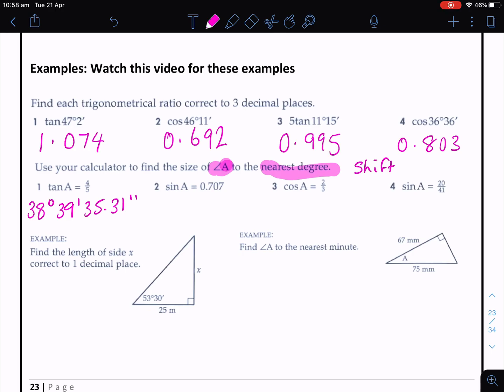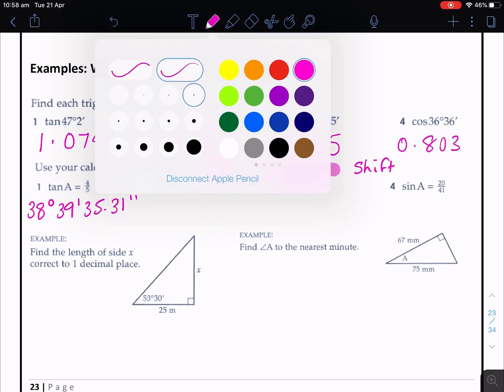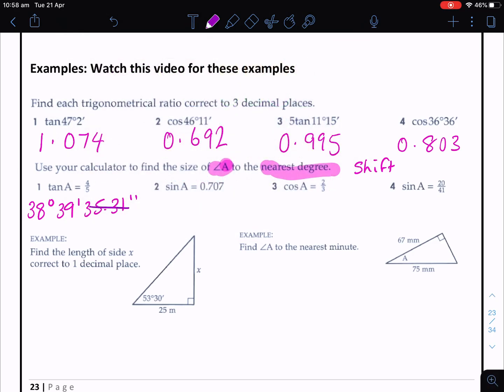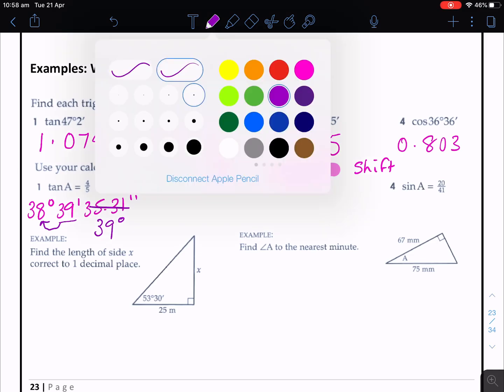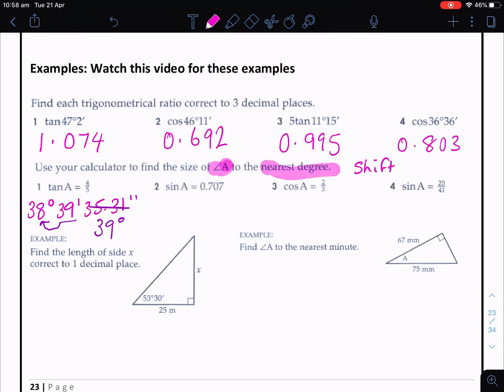Okay, the question's asking me to take it to the nearest degree, so I'm not worried about the seconds. Let me just get rid of those. I'm not worried about the seconds, but I am worried about the minutes. So here, because this is 39 minutes, I need to round up to the next degree. So my answer will be 39 degrees, because remember there's only 60 seconds and 60 minutes.